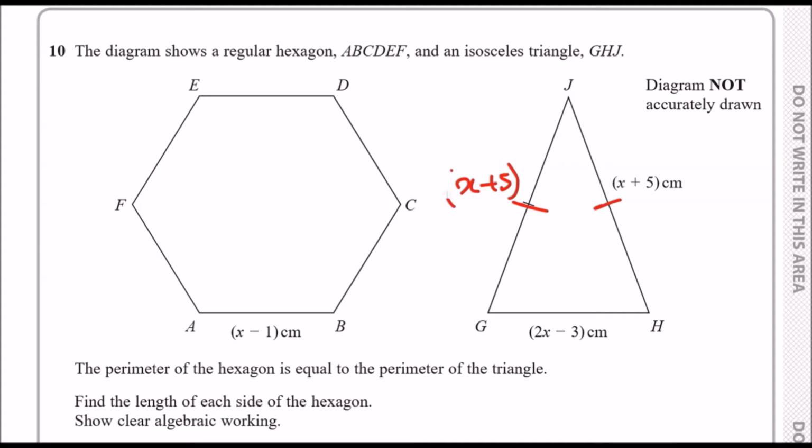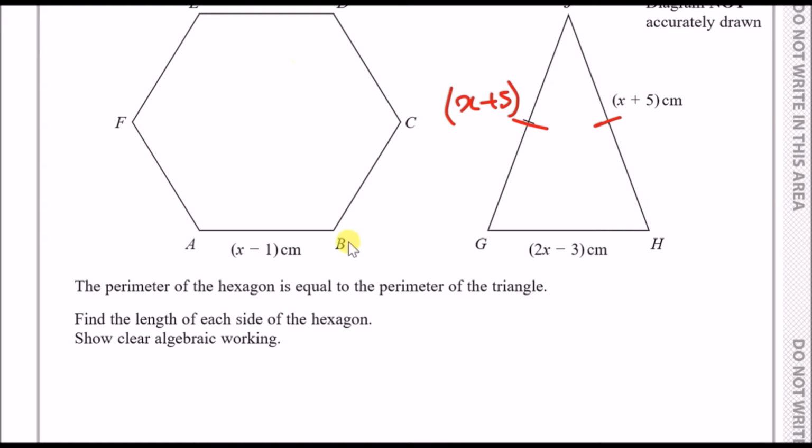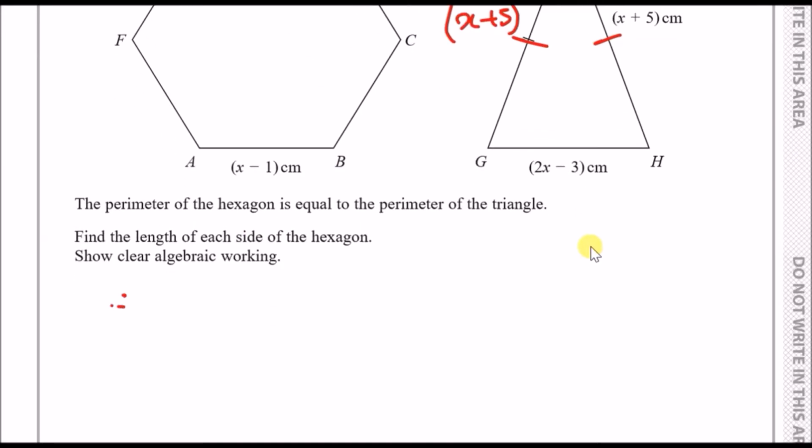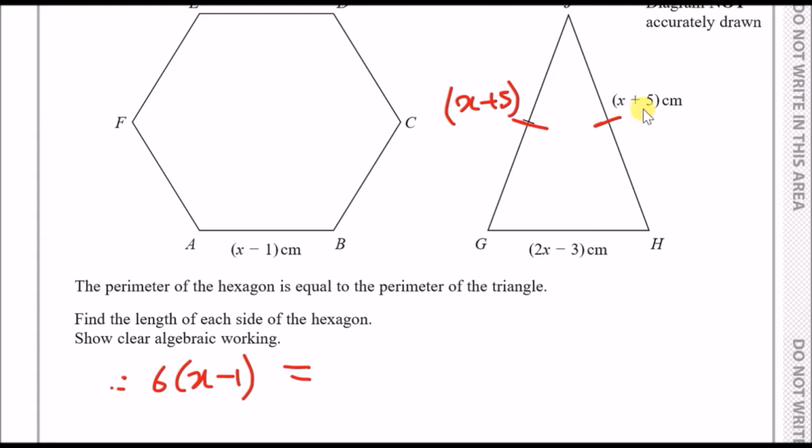Now, because the perimeter of the entire hexagon is equal to the triangle, we just have to firstly add up the perimeters of each shape and then equate them to each other. So for the hexagon, you've got 6 sides and they're all worth x minus 1. That's literally just 6 times x minus 1. And that's going to equal the right hand side, which is x plus 5 plus x plus 5.